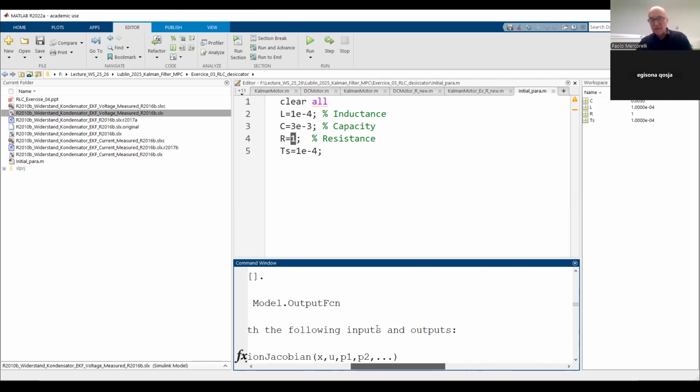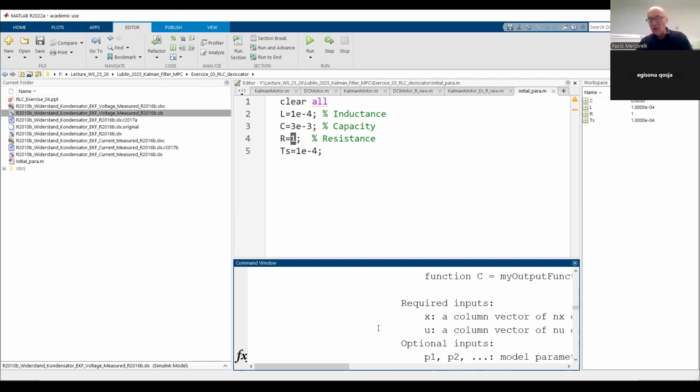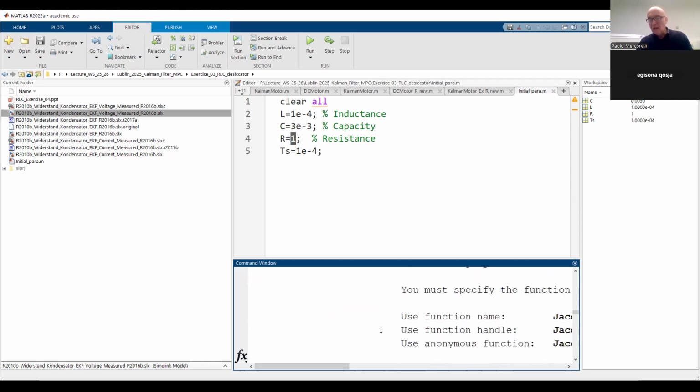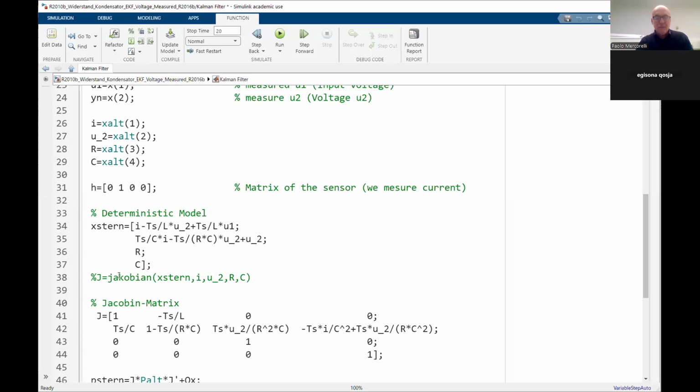I don't know if it's this one. It could be. Look a little bit at home. Otherwise, you can. In my opinion, it was something like that, but I'm not sure.